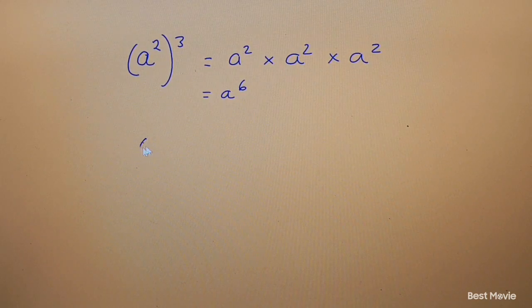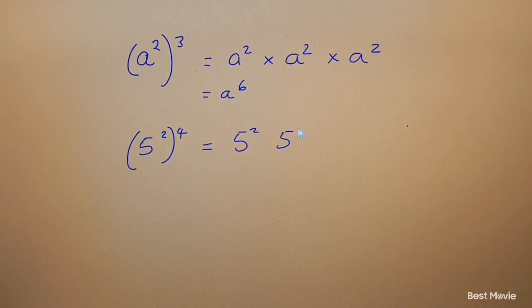Another example would be 5 squared to the power of 4. Okay, so this means 5 squared multiplied by itself 4 times.